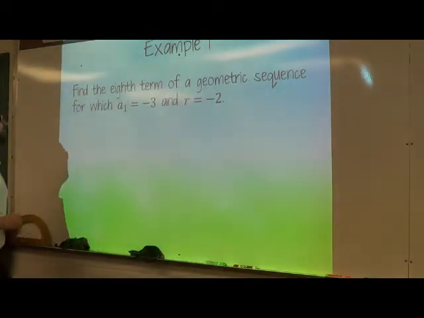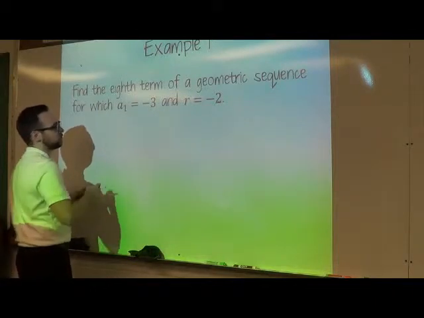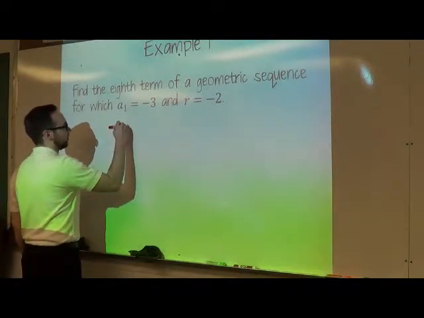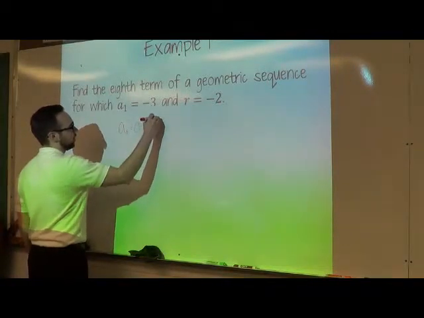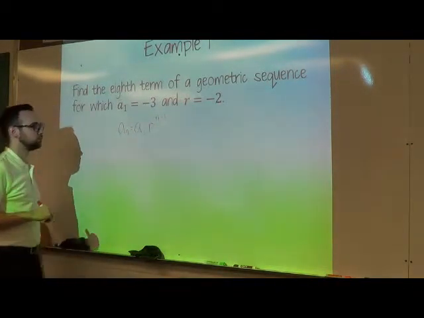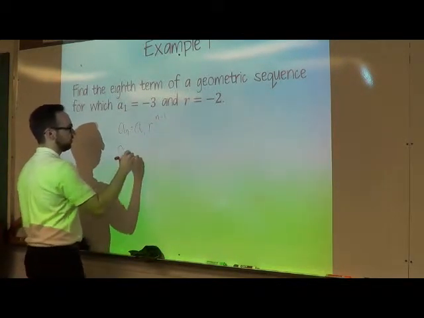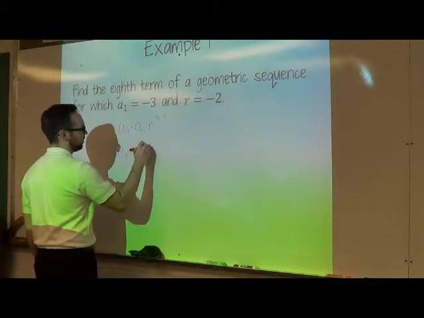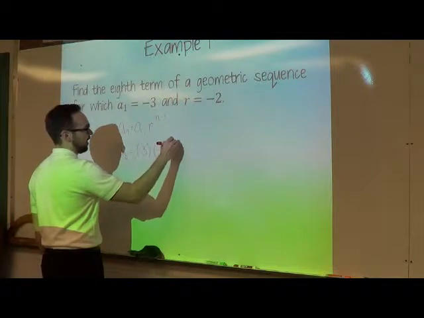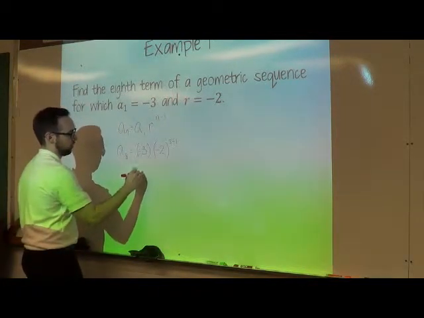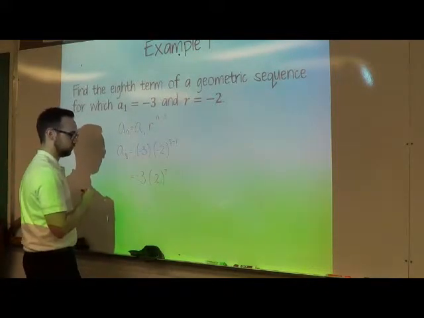It says find the 8th term of a geometric sequence for which a sub 1 equals negative 3 and r is negative 2. So if we jump to our formula, we have a sub n is equal to a1 times r to the n minus 1. So a sub 8, because we're looking for the 8th term, is equal to negative 3 times negative 2 to the 8 minus 1 power. So we get negative 3 times negative 2 to the 7th.